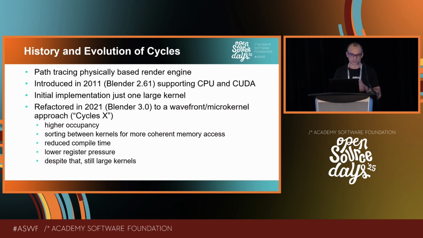The initial version was just a giant mega kernel implementation that later was refactored to a wavefront microkernel approach to address many of the problems that I think we all experience with the big mega kernel ray tracers. And even then, it's still challenging. I think the shading code still compiles down to 120,000 instructions or something. But overall, the breakdown into a wavefront microkernel approach is a common thing that everyone did.